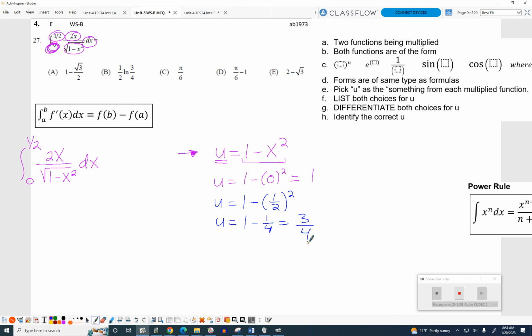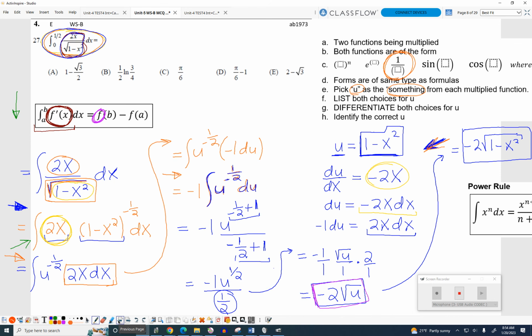We have our new limits. So this is now the same as the antiderivative from a u value of 1 to a u value of 3/4. When we made all the substitutions over here, the antiderivative we had was actually right here.